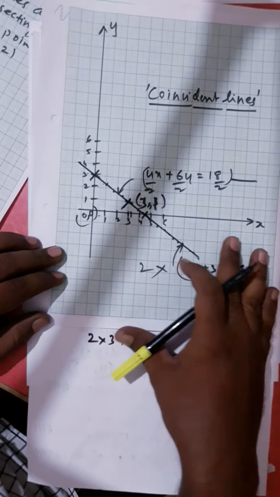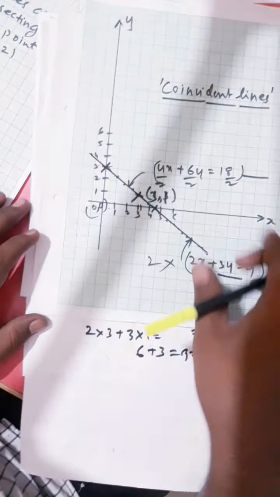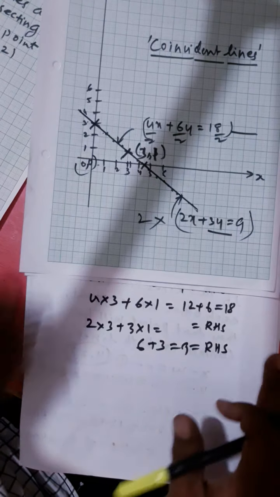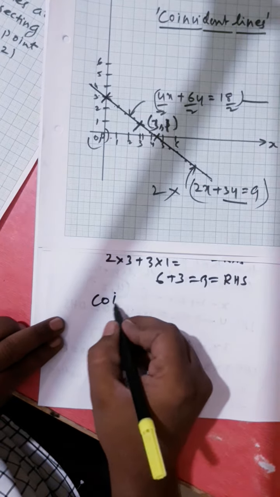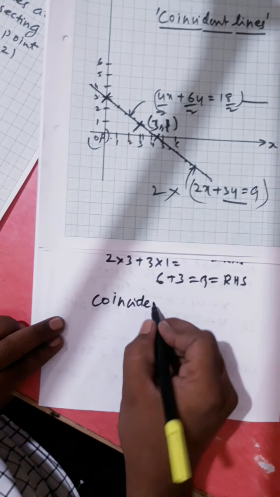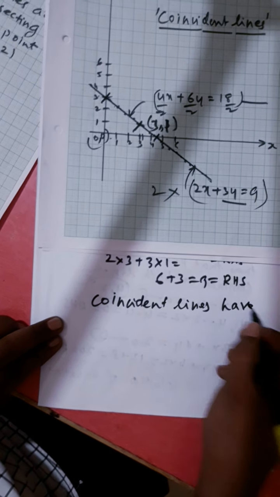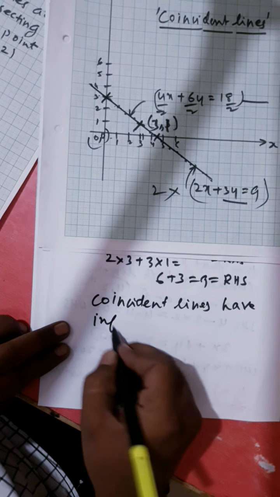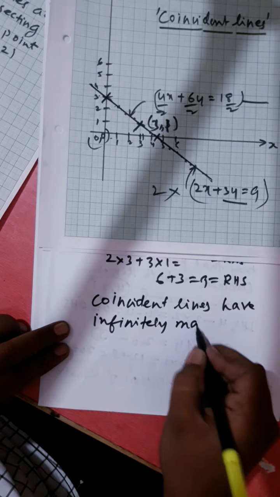Therefore, we say that all the points are acting as solutions. How many points are there? So many points are there. Therefore, we say that coincident lines have infinitely many solutions.